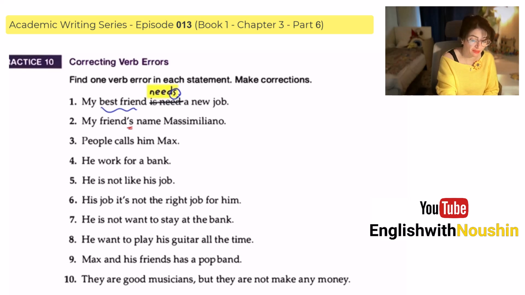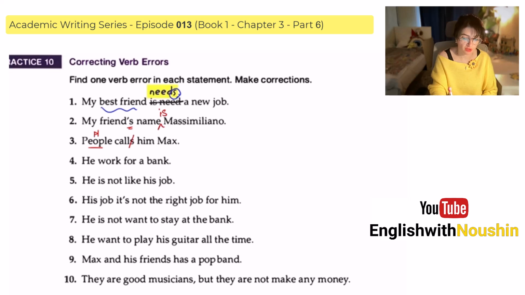My friend's name is Massimiliano. People call him Max. People, plural. It's like they. So it should be call, no S. People calls him Max. He's wrong.